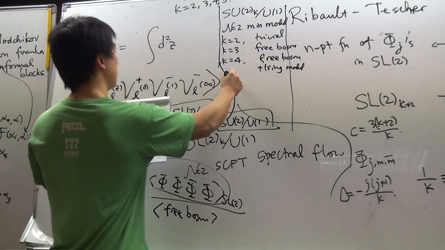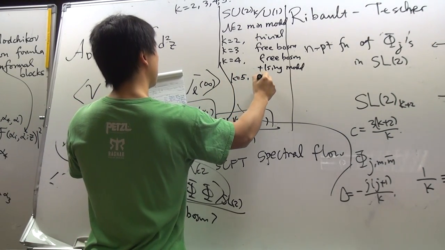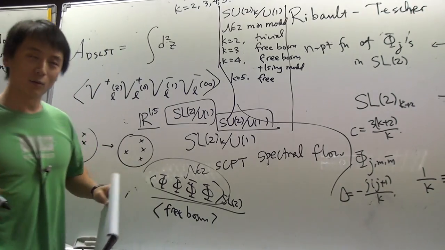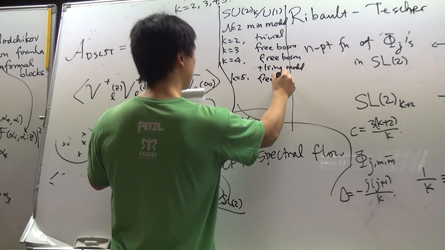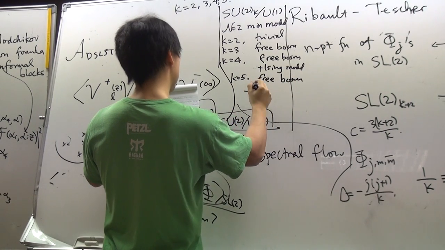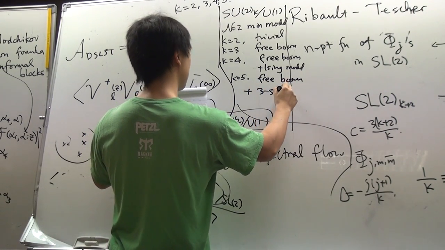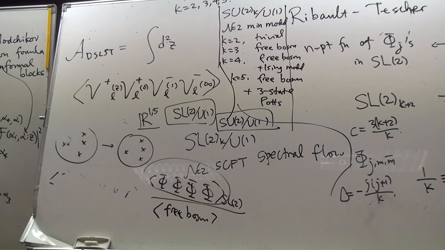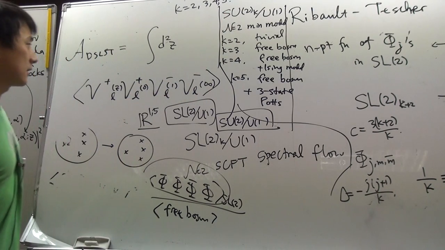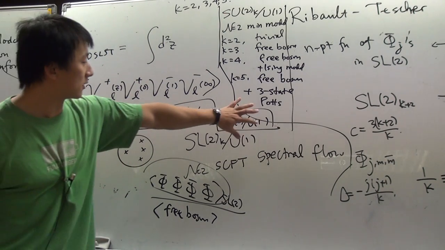In the k equals 5 case, one can construct the relevant vertex operators by taking the free boson and combining it with a primary in the three-state Potts model. This is the central charge 4/5 bosonic minimal model. So these are the inputs from the minimal model side.